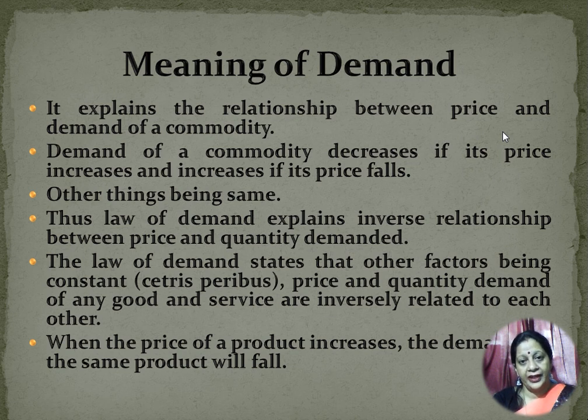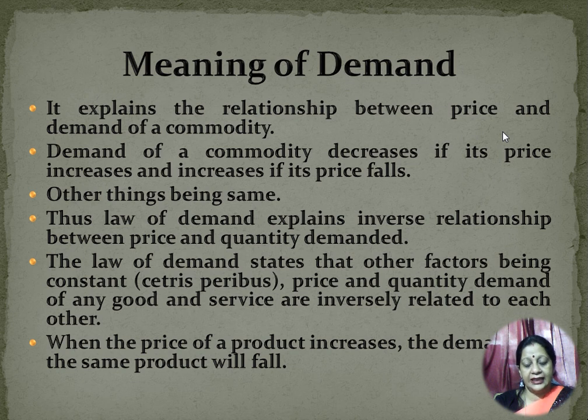So first you have to make clear what demand is. Demand explains the relationship between price and quantity demanded, and what kind of relationship? There is an inverse relationship between price and quantity demanded. What do you mean by the word inverse? Inverse means opposite. If price increases, the demand of the product decreases.